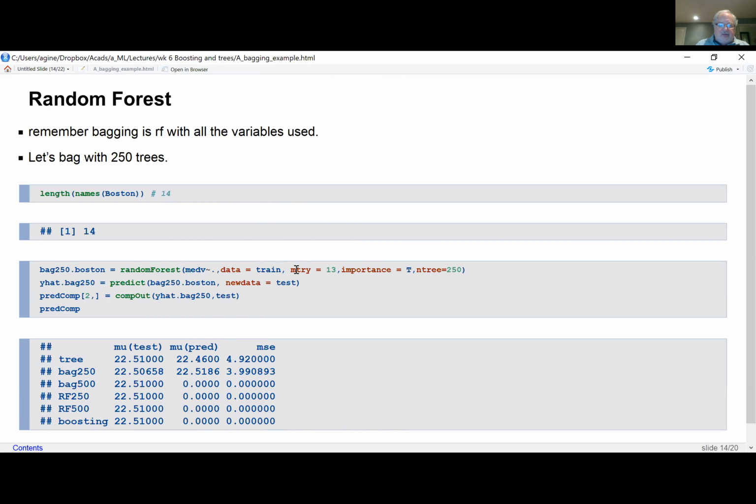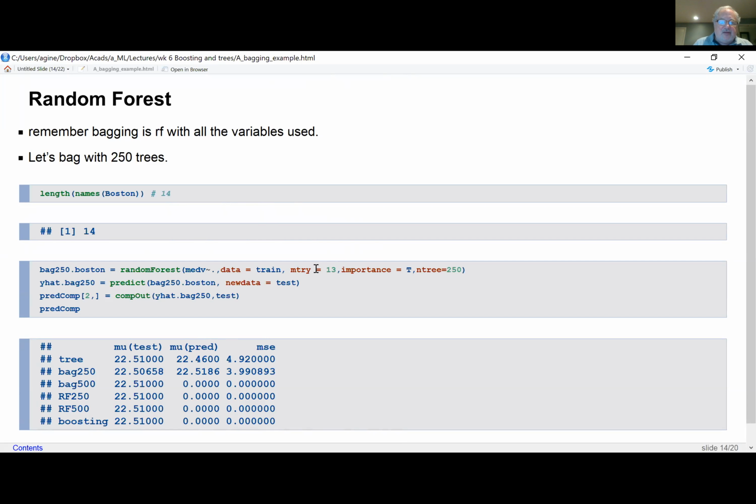What random forest does is it says, at any given split, you pick a specific number. So let's say there were 100 variables, mtry 13. You say, randomly pick 13 of the variables and only use one of those 13 for the split. Remember, all these things are looking at all the possible places you could split with all the possible variables to find the one that gives you the maximum reduction. So when you use random forest, it says don't use all of them, just use a subset.